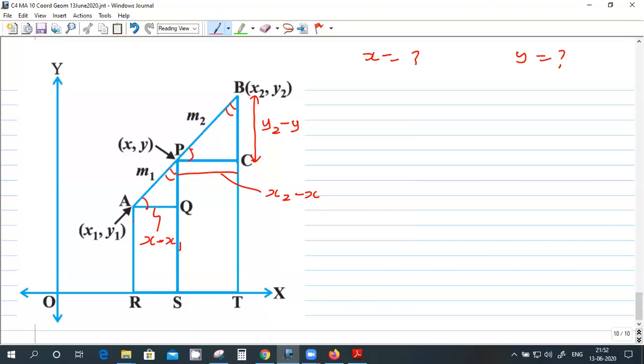What about PQ? It will be y minus y1. So since the triangles are similar, you can write y2 minus y divided by y minus y1 equal to x2 minus x by x minus x1.